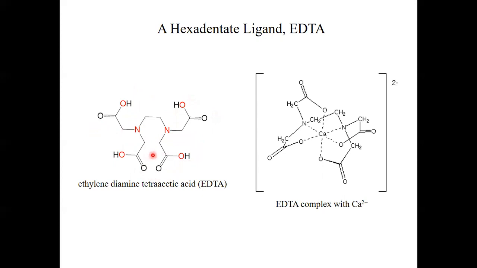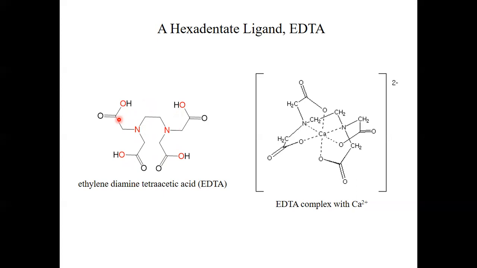So overall we have 6 donor atoms here, 2 nitrogens and 4 oxygens: 1, 2, 3, 4. So these 2 nitrogens are basically 2 carbon atoms apart. You see that the oxygens and the nitrogen here are again also 2 carbon atoms apart, which is ideal again for the formation of 5-membered rings.